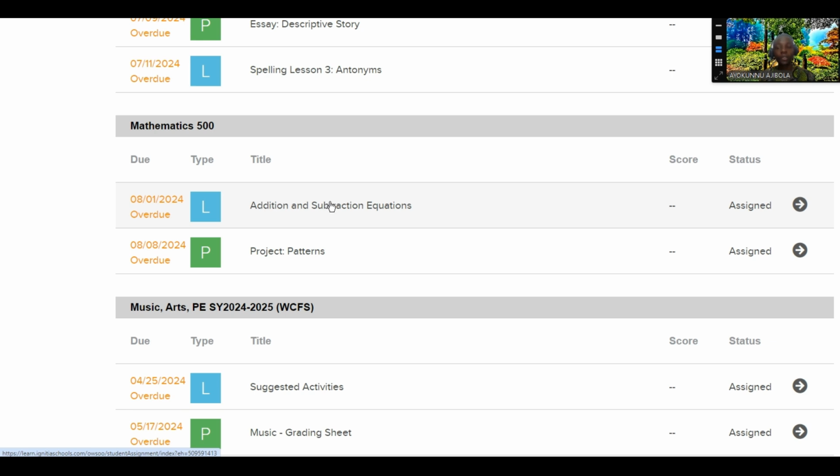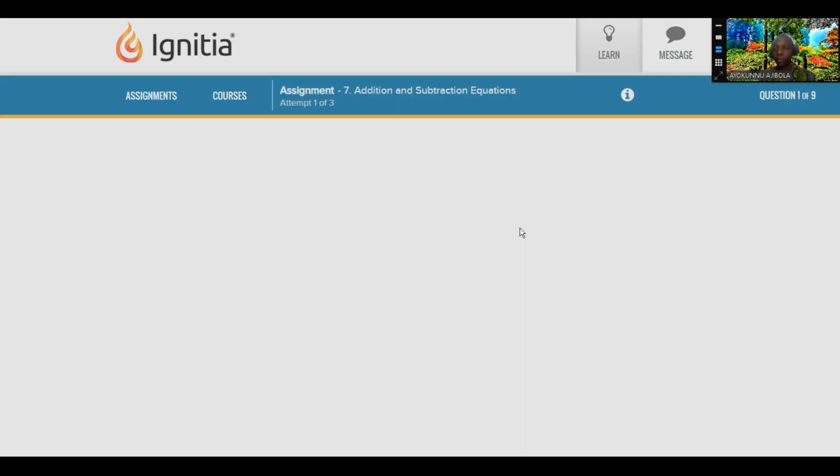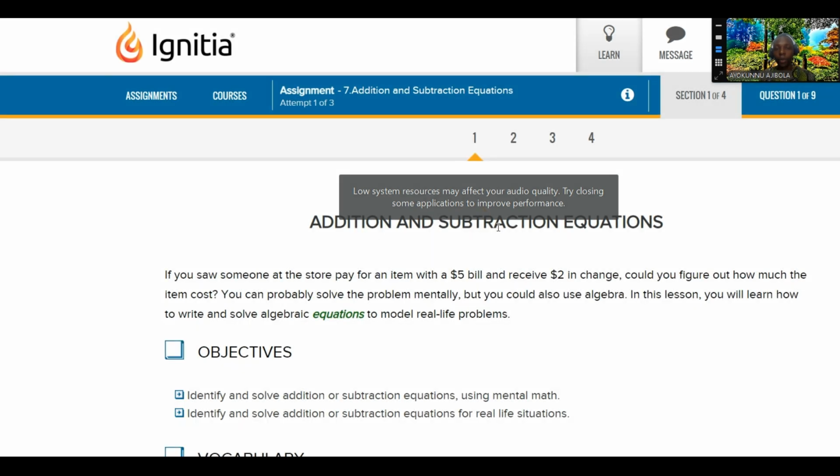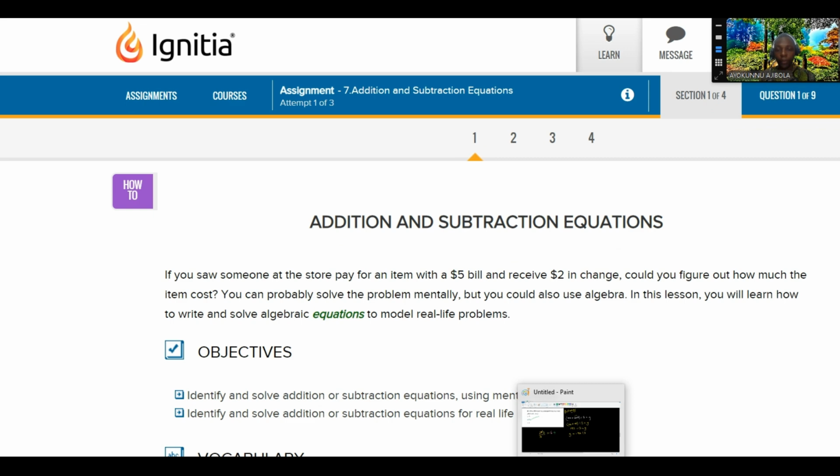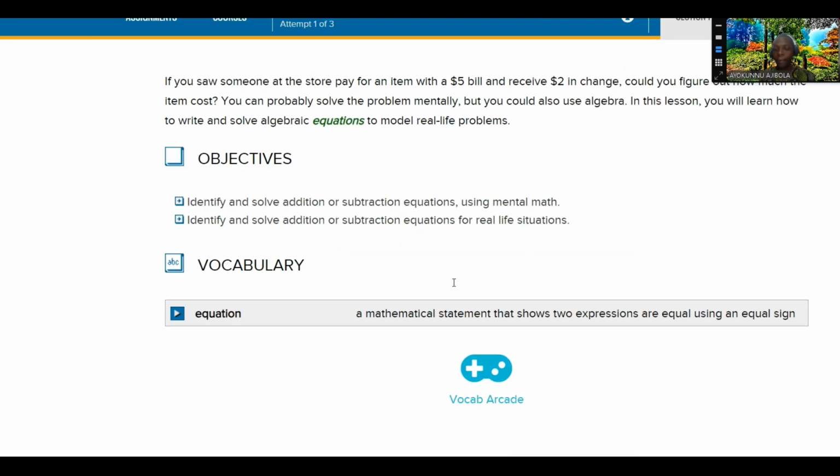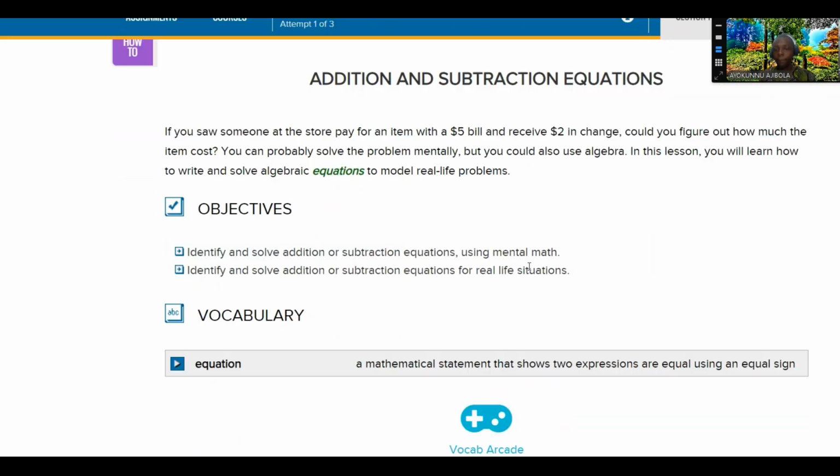That is addition and subtraction equations, okay? Let's see what we can do on this one before we round up.